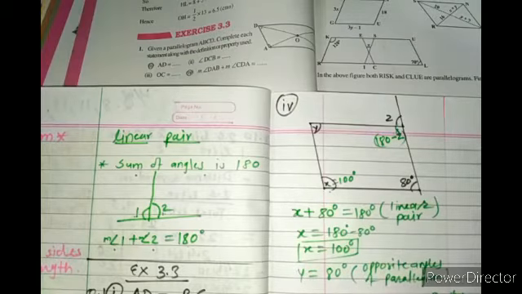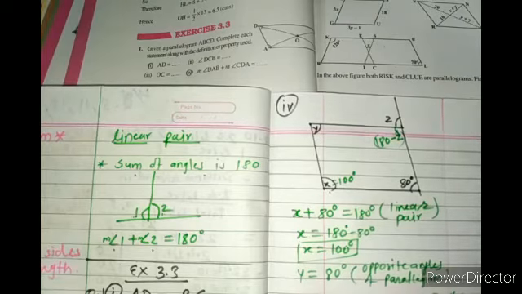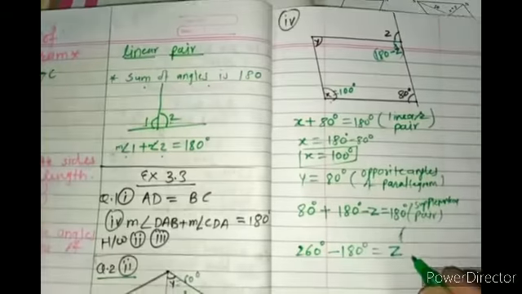So here 260 degree. Take this 180 on that side. 180 degree equal to z. Z minus will be positive.